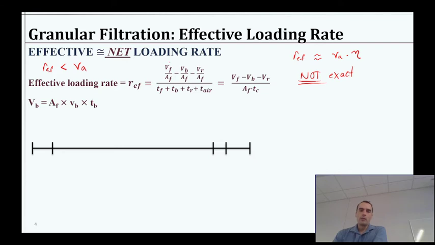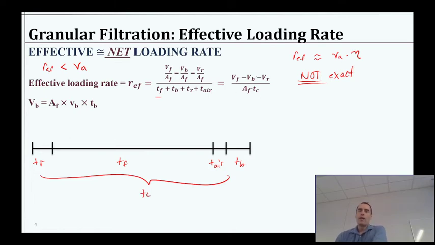I guess one way to write it would be the volume produced during filtration divided by the area, minus the volume used during backwash over the area, minus the volume rinsed over the area, all that divided by the total time: the time filtered, TF, minus time backwashed, minus or plus the time rinsed, TR, and plus the time spent air purging. All of that together is the total cycle time, which we could just say time for the cycle.